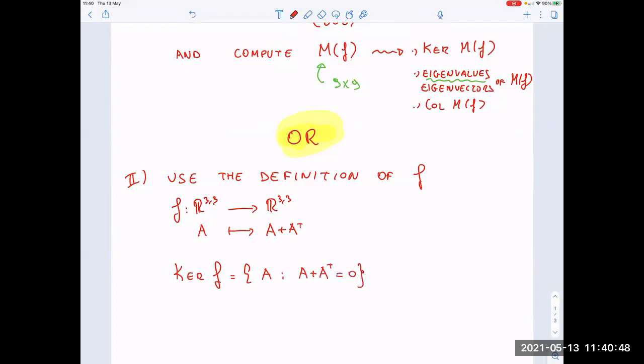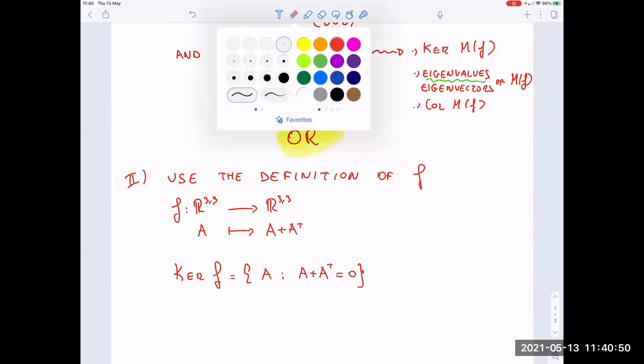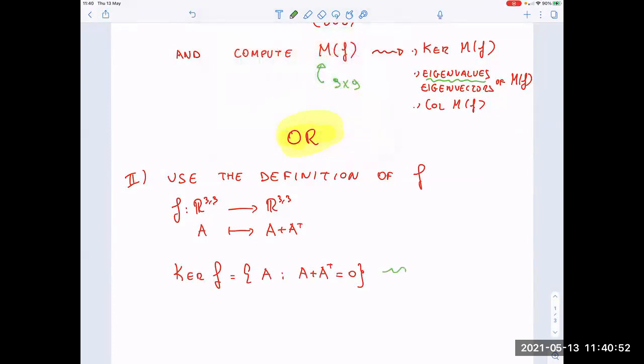Now you can immediately tell me what kind of matrices are in the kernel. There is a name for these matrices, a name that you should now know very well. Let me know in the chat. So, skew-symmetric matrices, that's true.